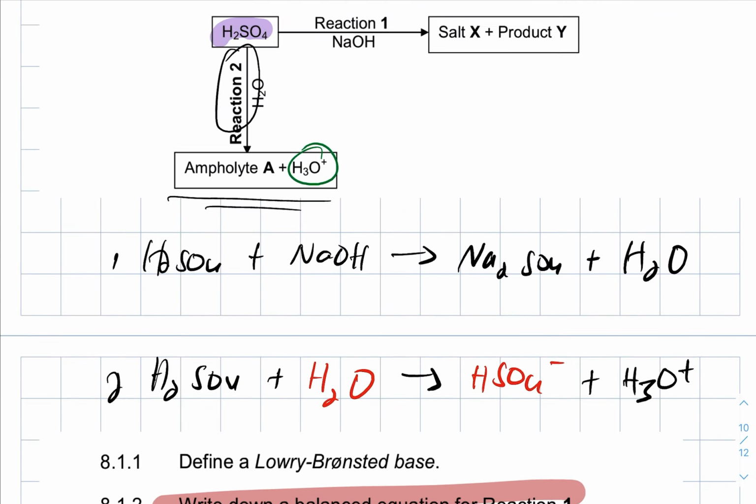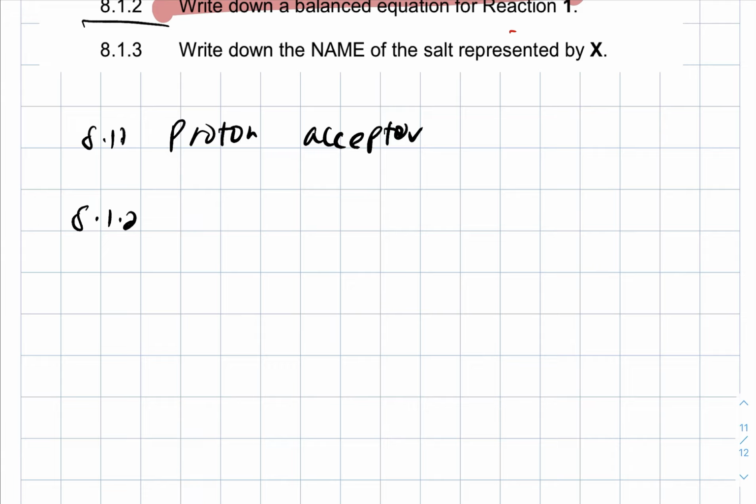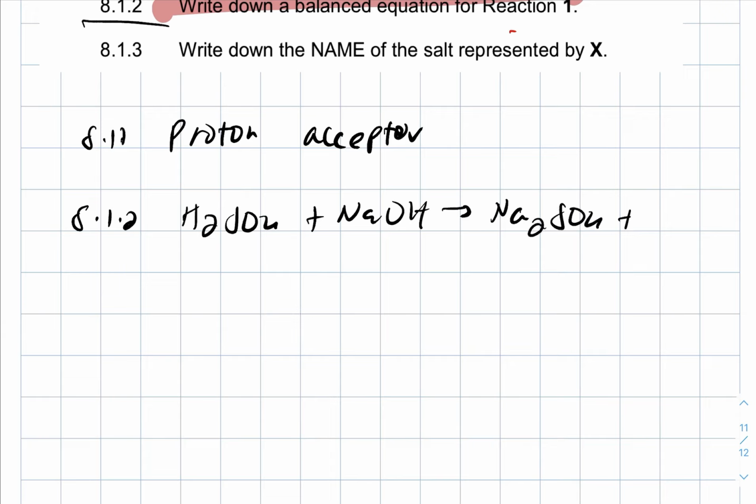Reaction 1 is sulfuric acid with sodium hydroxide, which gave us sodium sulfate and water. Now they want a balanced chemical reaction. When balancing an acid-base neutralization reaction, I always advise my learners to start with the salt that was being produced.